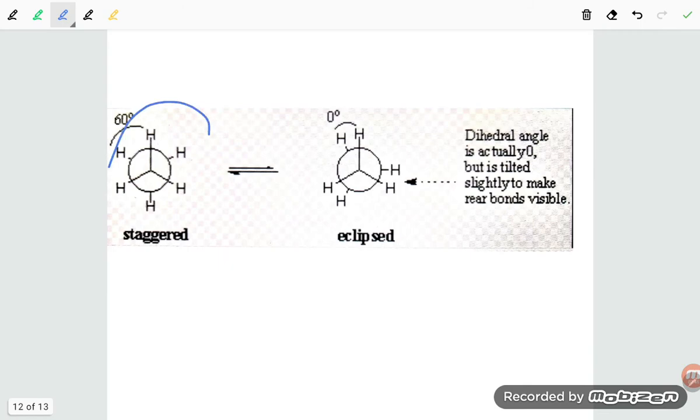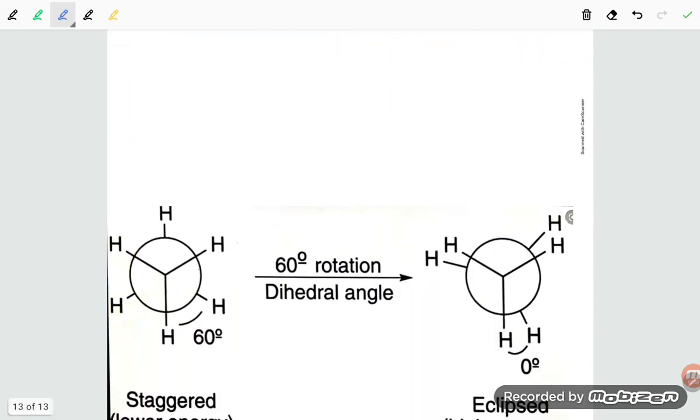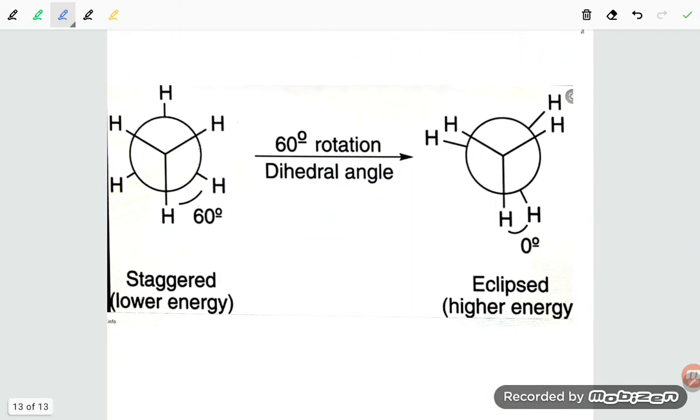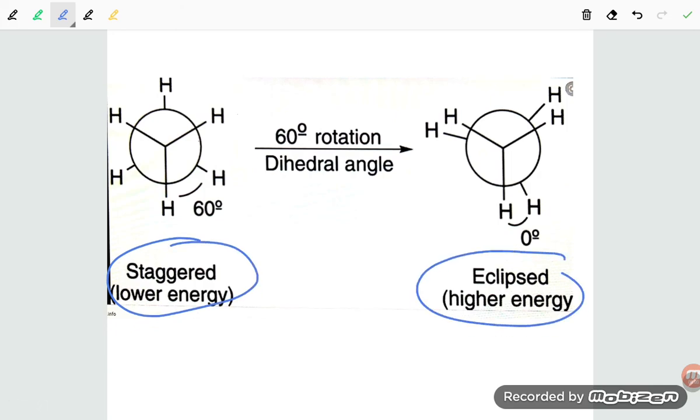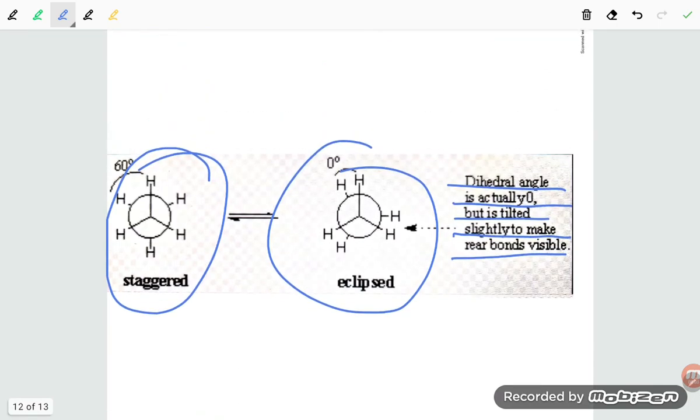See students, here 60 degrees is staggered, 0 degrees is eclipsed. The dihedral angle is actually 0 degrees but is tilted slightly to make the rear bond visible. Now if you rotate the lowest energy staggered conformation to 0 degrees, that is eclipsed. So this is all about the problem of the conformation of ethane.